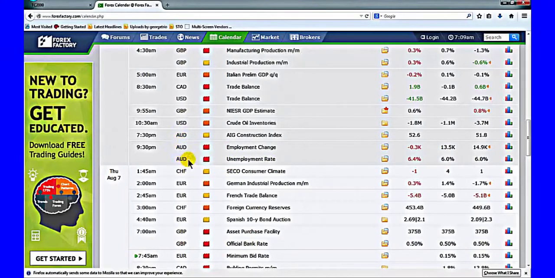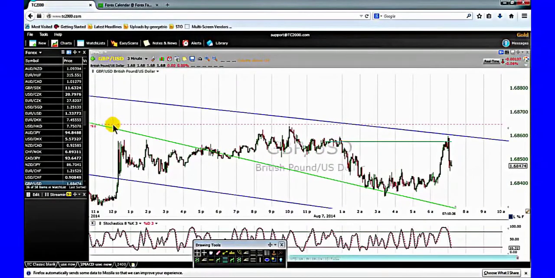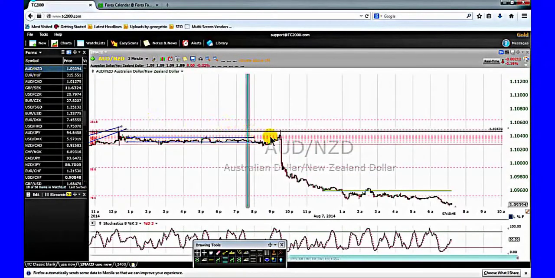All this relates to the Australian economy, and in the night time we traded this pair. We traded the Australian dollar New Zealand dollar currency pair. I want to show you what has happened. Here it is. Exactly there, it went down.